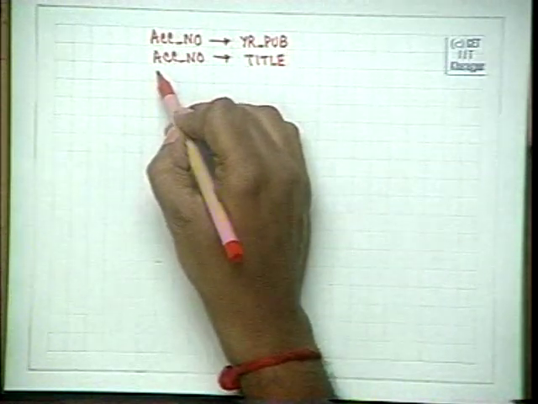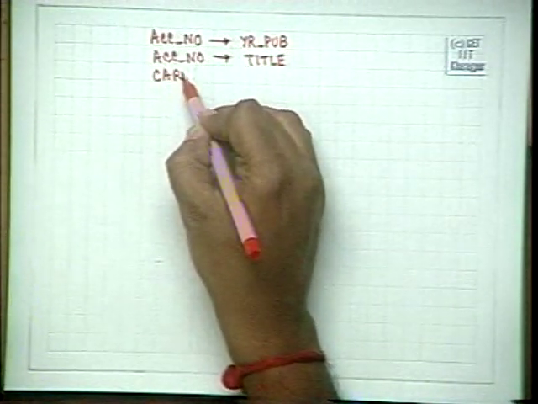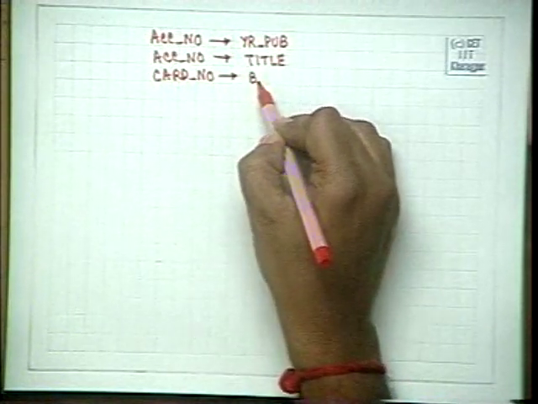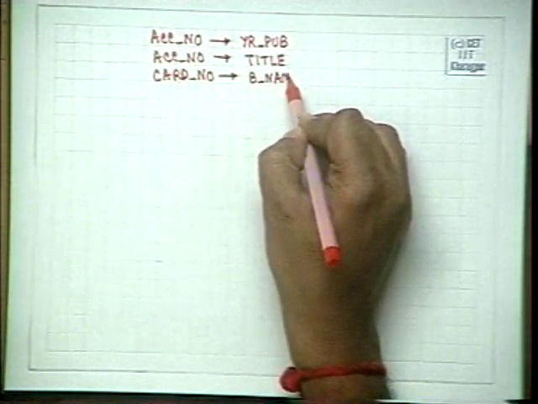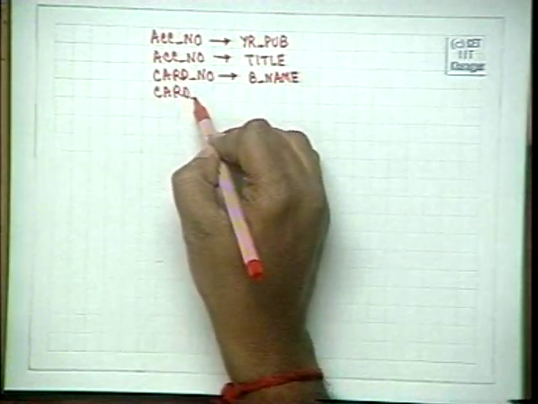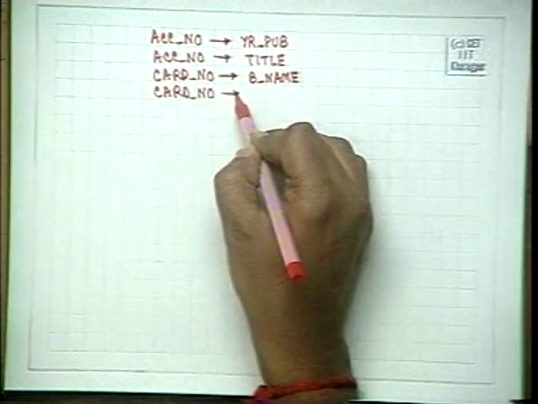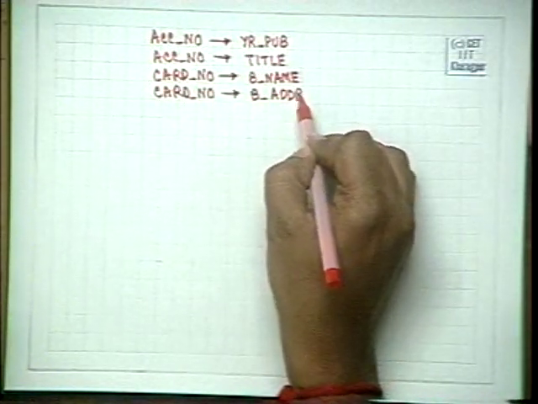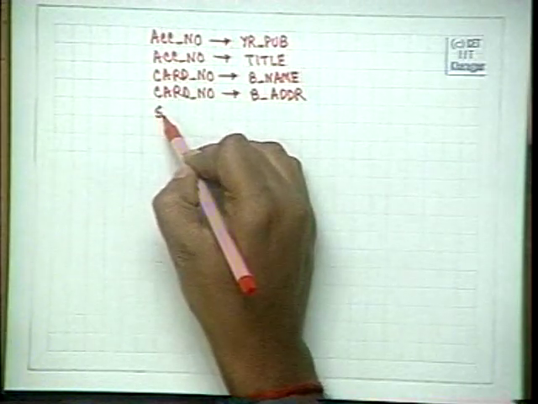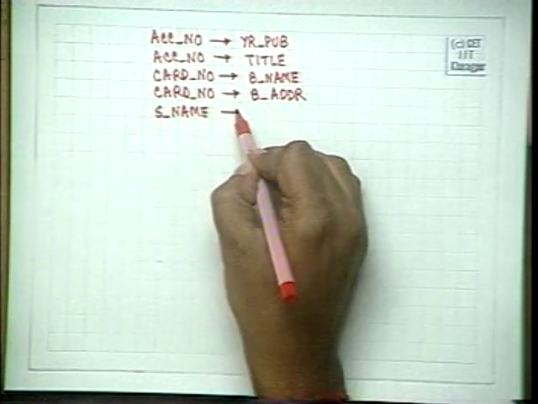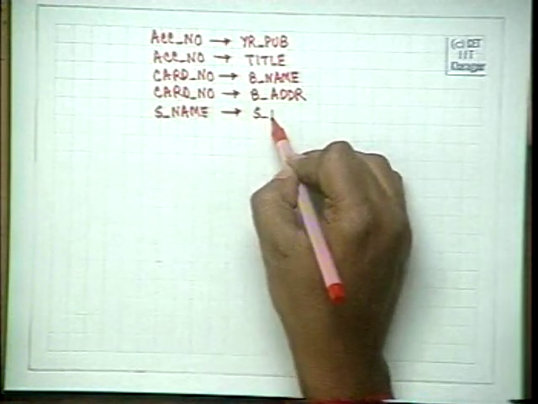From the user relationship, we get card number to borrower's name, and card number to borrower's address. From the supplier relationship, we get S name to S address.